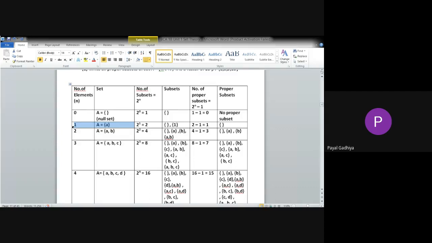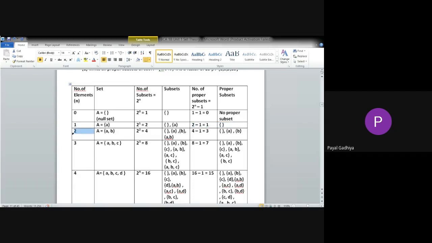Those subsets will be the null set and {a}. Now, whenever we are talking about proper subsets, we have to remove one set from the list. So {a} will not be there. 2 minus 1 will be 1, and the proper subset will be only the null set, because the whole set we cannot take as a proper subset.